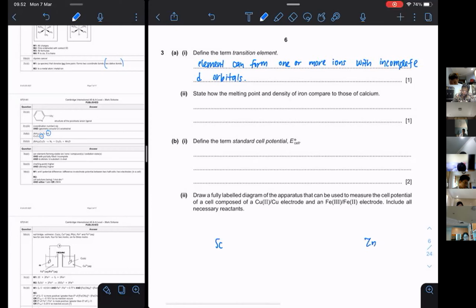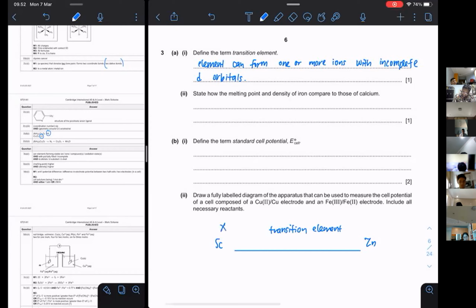Scandium and zinc are all under the d block, but only the elements in between are considered transition elements. Scandium and zinc are not considered transition elements.